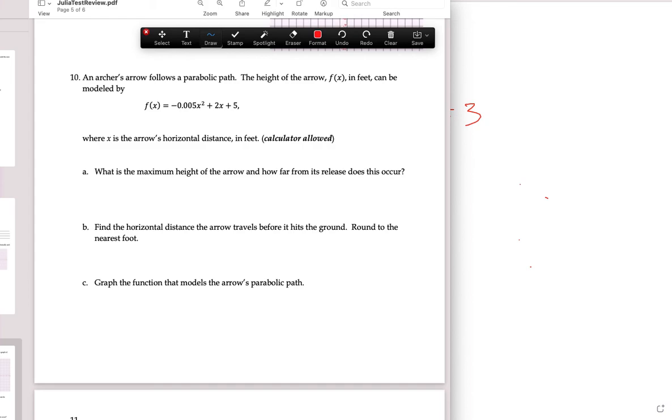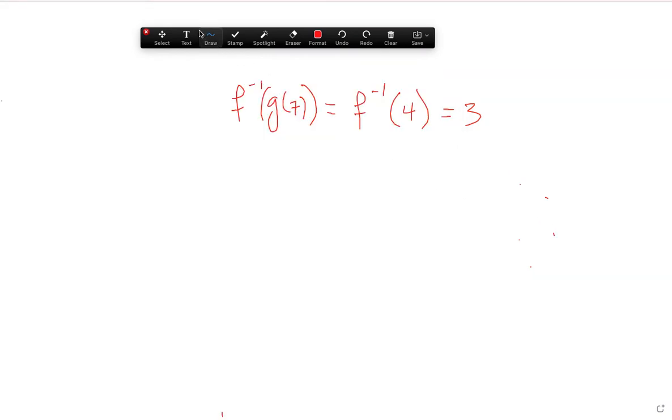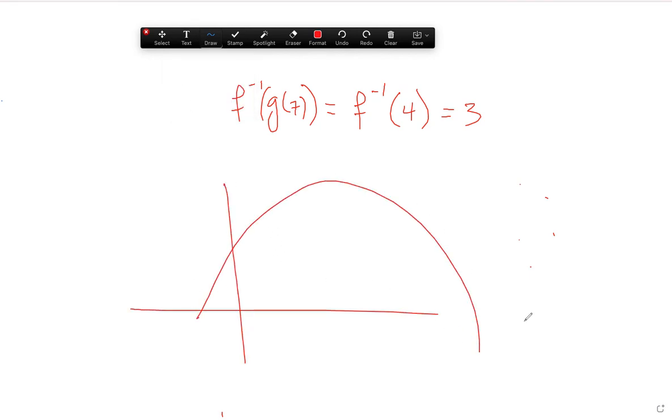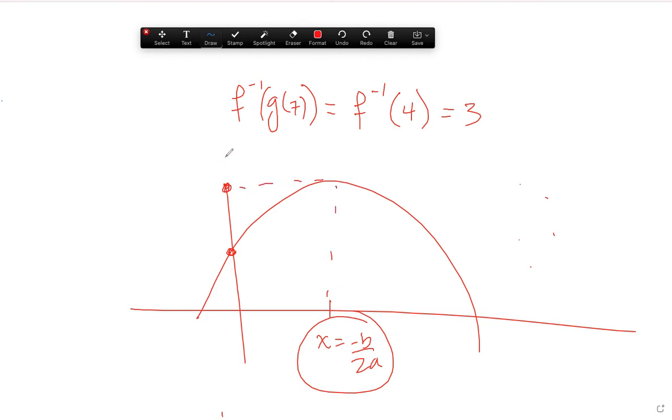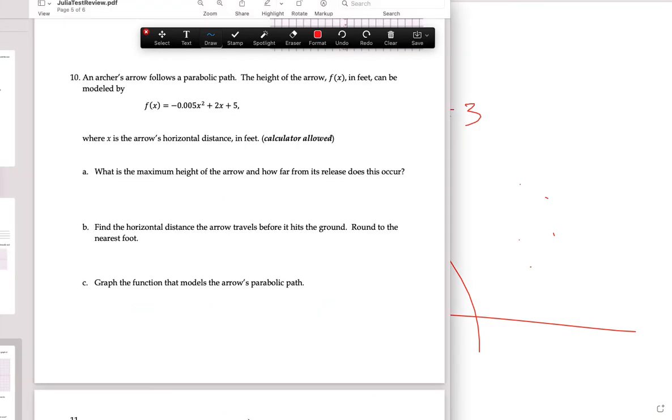What we said is it's always about the maximum when you throw something, like we used a baseball example, and the maximum is going to occur at x equals minus b over 2a. You take that and plug it into the function to find the y value. If it asks what is the maximum y value, that's what they're going to ask in these kinds of questions. And to find the horizontal distance the arrow travels, you have to set it equal to 0.